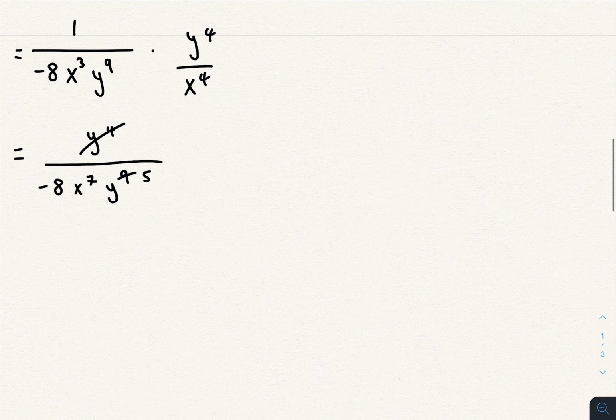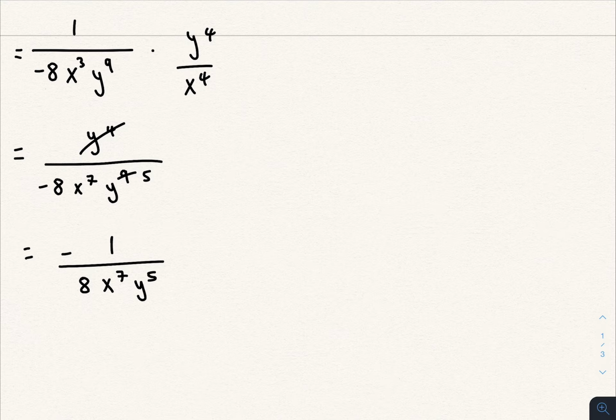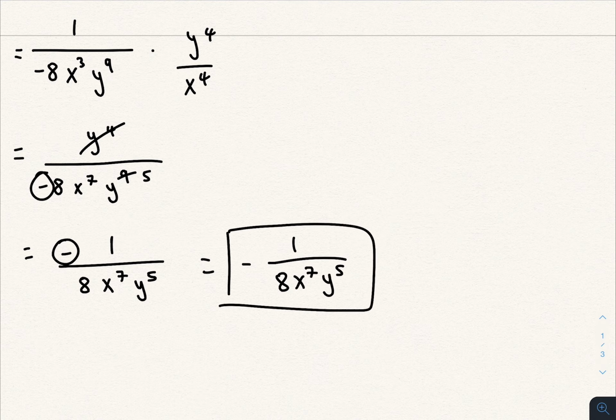This would become y to the power of 5. And our final answer would be negative 1 over 8 x to the power of 7 y to the power of 5. And note the minus sign being here or up here, or rewriting it so that it's just on the side there. All of these mean the same thing, so it's not different, okay?